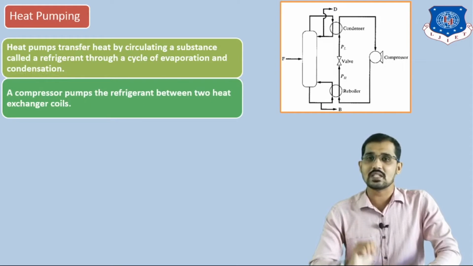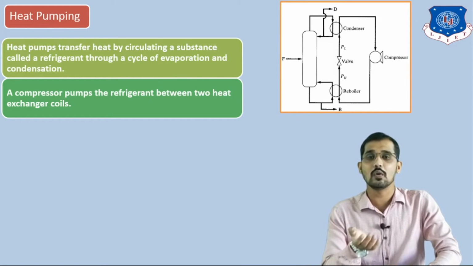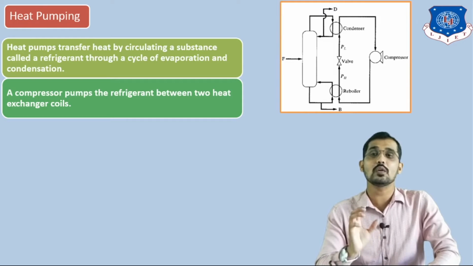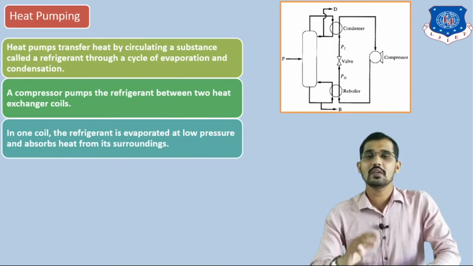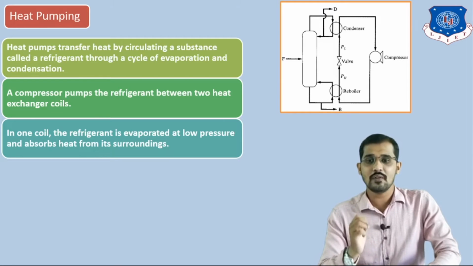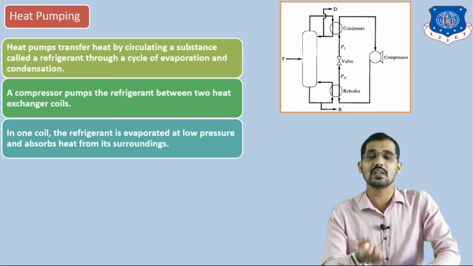After that you can see the second point: a compressor pumps the refrigerant between two heat exchanger coils. Means here the compressor is pumping the evaporated part of the refrigerant to the condenser. That is nothing but two exchanger coils. Now you can see the next point: in one coil, that is nothing but the reboiler, the refrigerant is evaporated at a low pressure and absorbs heat from its surroundings.